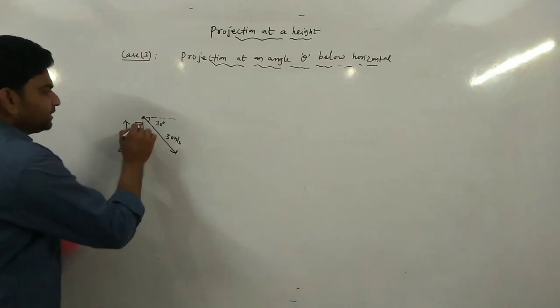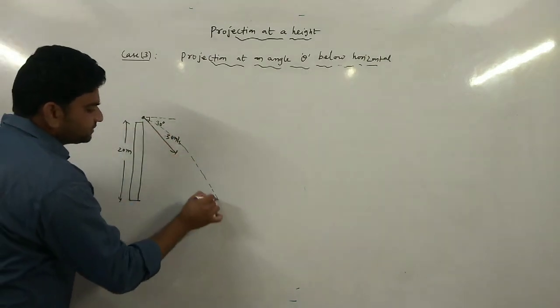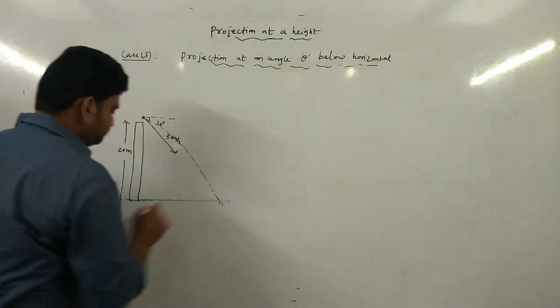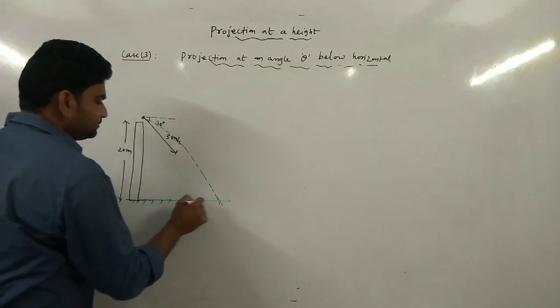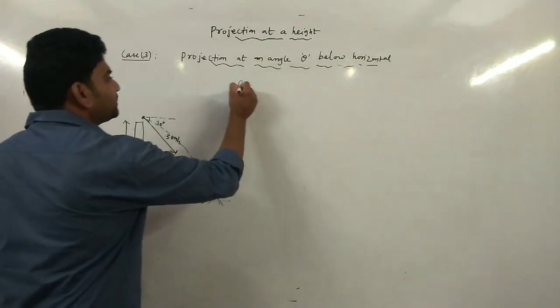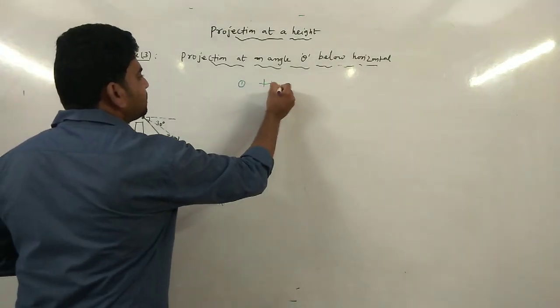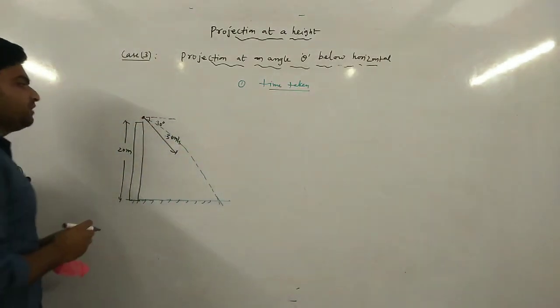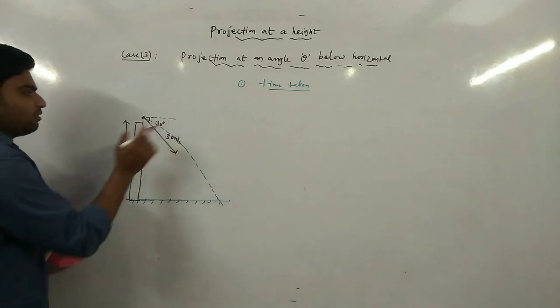We need to find out everything, whatever data we have, everything we are supposed to calculate, and this is the motion of the object you can see here, right? So my first aim is the time taken by the body to reach the ground. So to calculate the time taken, first let me divide it into components.